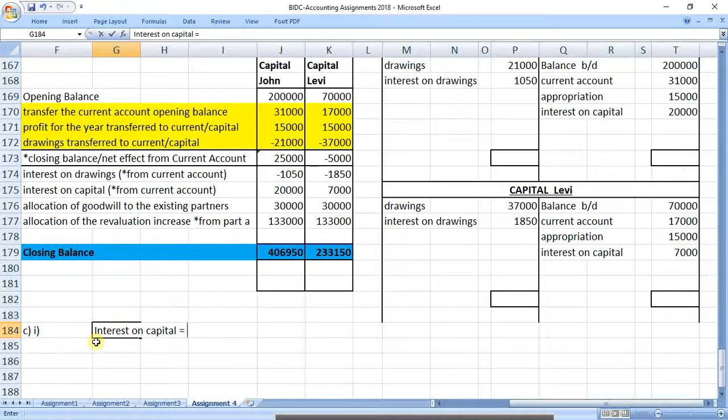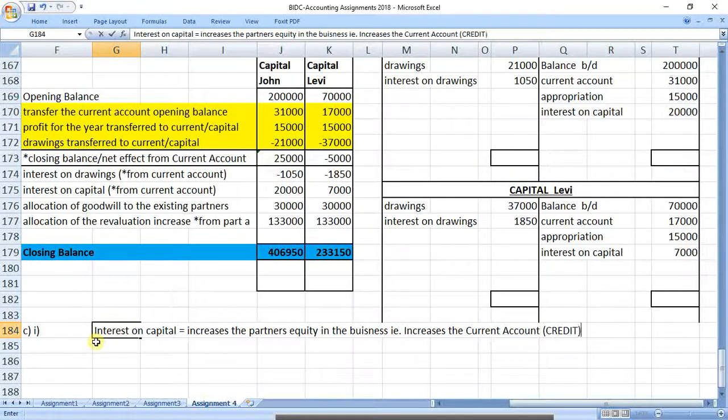So, interest on capital, an advantage to the partners, they get something back. Yes. Interest on capital increases the partner's equity in the business, i.e. increases the current account.